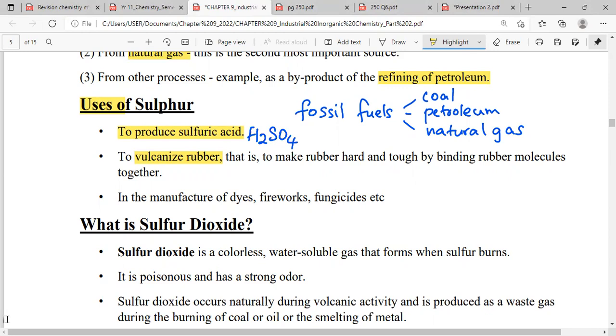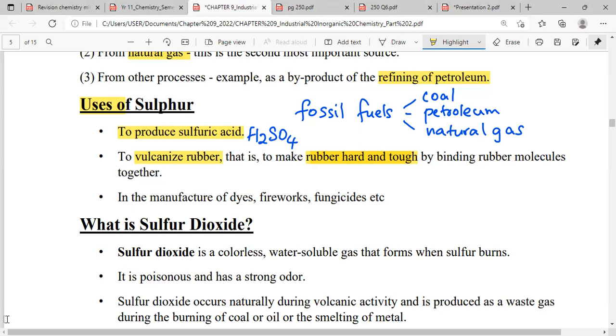You just know that vulcanized rubber is rubber to which sulfur has been added. Now, what happens to the rubber then? This makes the rubber hard and tough, and it can be used for more purposes like making car tires and so on. So vulcanization of rubber is another use of sulfur.